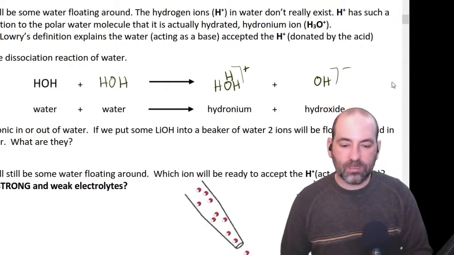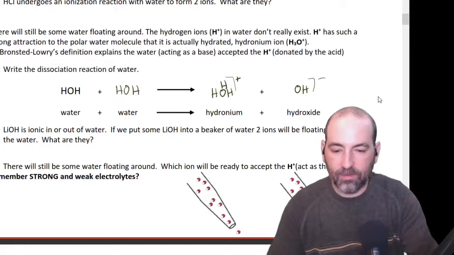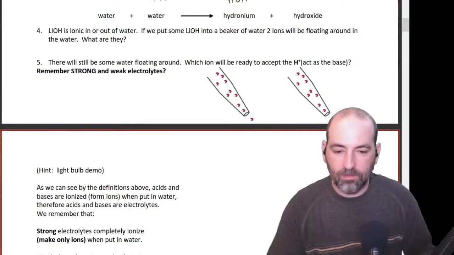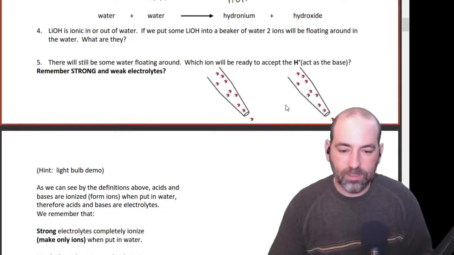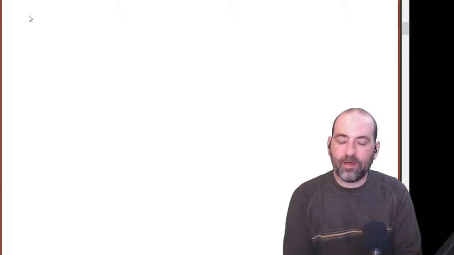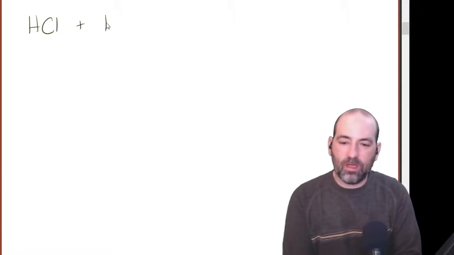So let's look at what that might look like for some other examples. I'm going to put in a blank page here. Let's say we have HCl going into water.